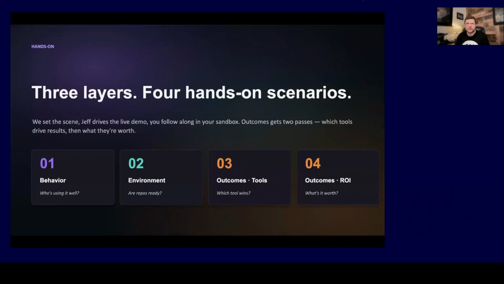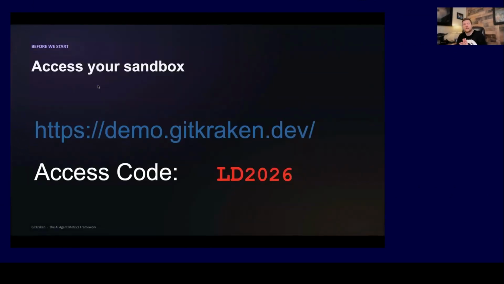You're going to see that in just a second. And second is the results, in terms of the dollars and the savings. So we'll go behavior, then environment, then outcomes. For each one, we'll have a quick setup for the scenario, and then Jeff is going to drive the demo for those.